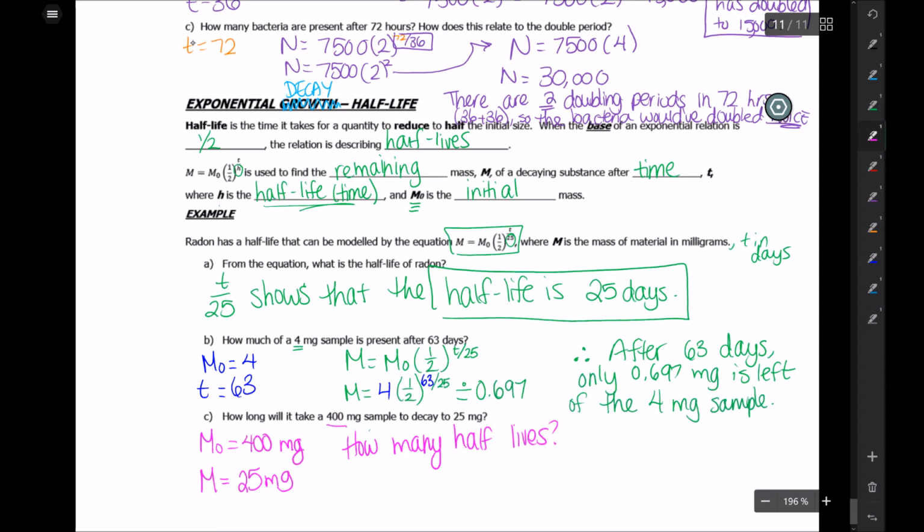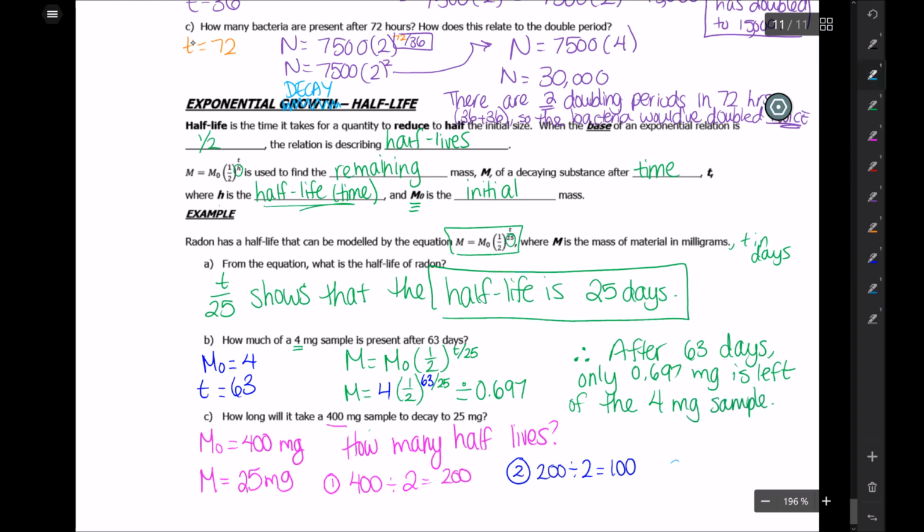So what we're going to do is start with 400, divide that by 2, and I get 200. Okay? So that's 1 half-life. Now I'm going to do it again, because my goal is to get to 25. So I'm going to take 200 and divide that by 2, and I get 100. That's my second half-life.